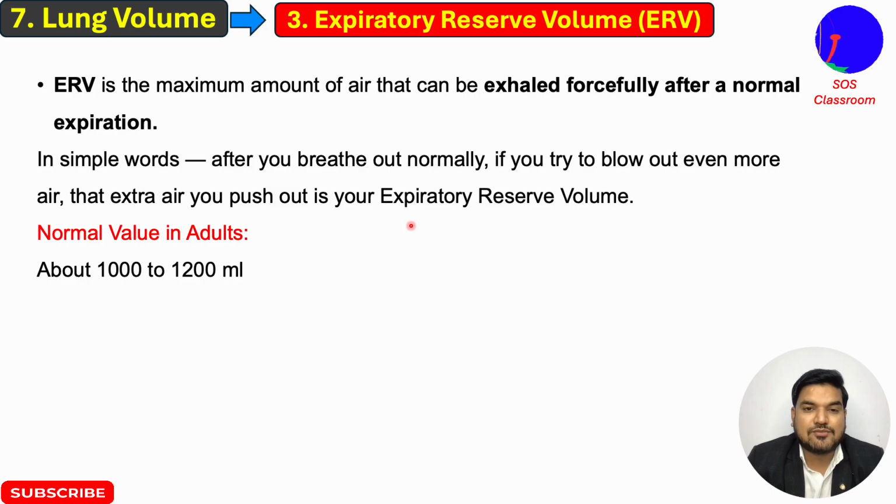Next is the expiratory reserve volume, the opposite of the IRV. When you expire the 500 ml tidal volume, after the normal expiration the lungs also have the capacity to exhale extra air from the lungs to the external environment.